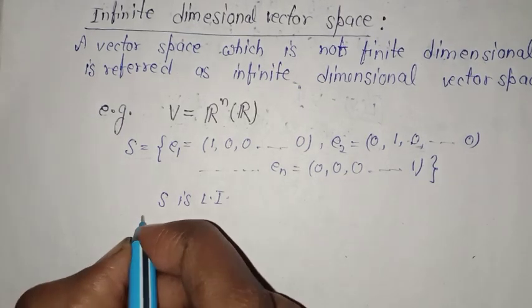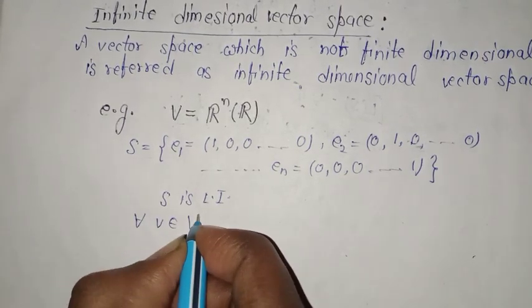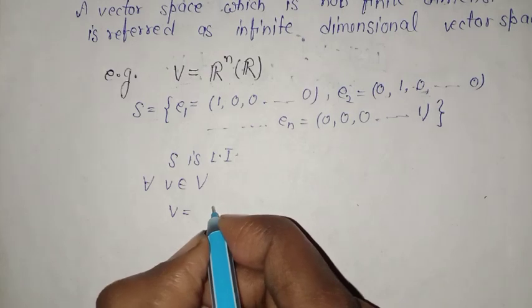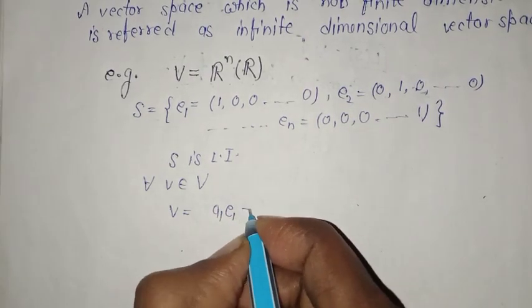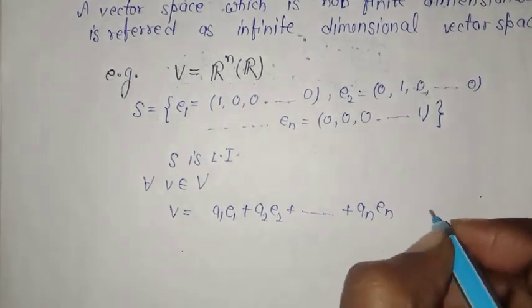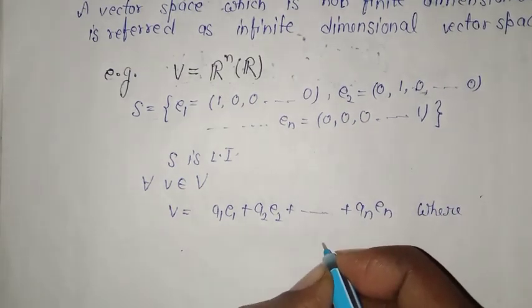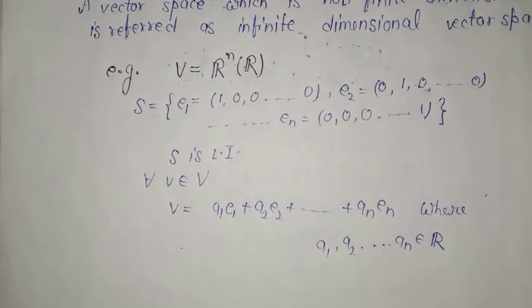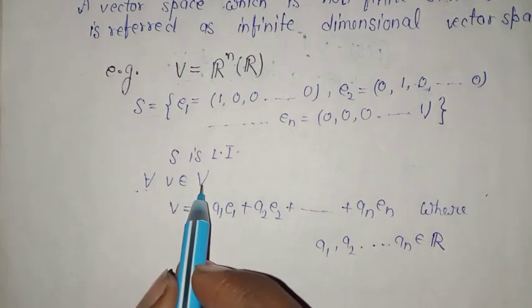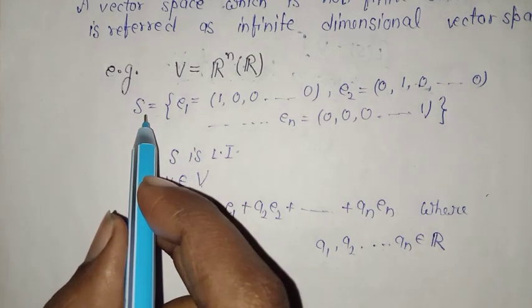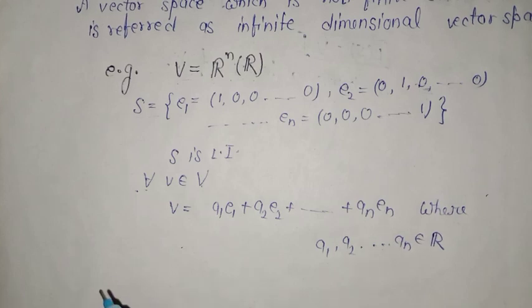Each element v belonging to V can be written as a linear combination of the elements of S, that is a1 e1 plus a2 e2 and so on up to an en, where a1, a2, and so on up to an come from the field R. So each element of the vector space V can be expressed as a linear combination of elements of S. So S forms a basis for V, and the number of elements in the basis is called the dimension of the vector space.